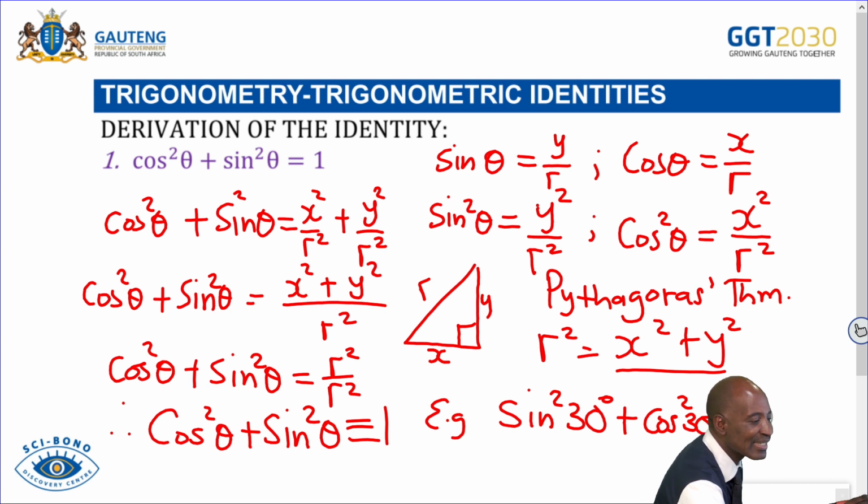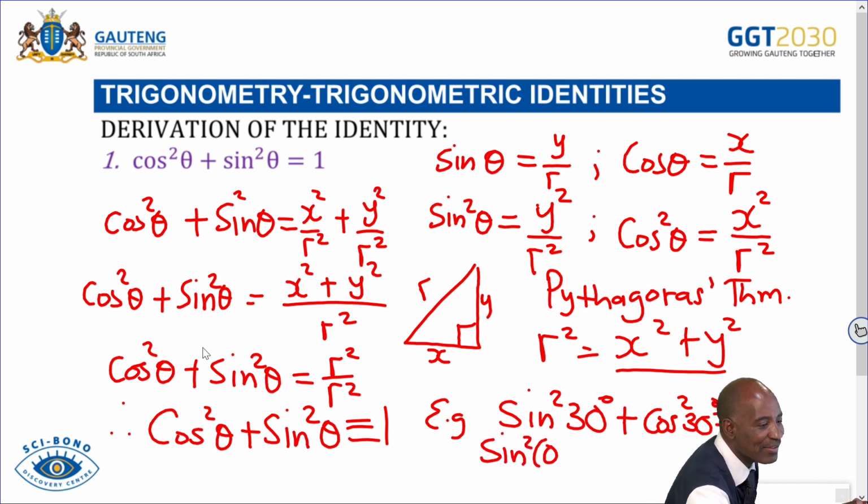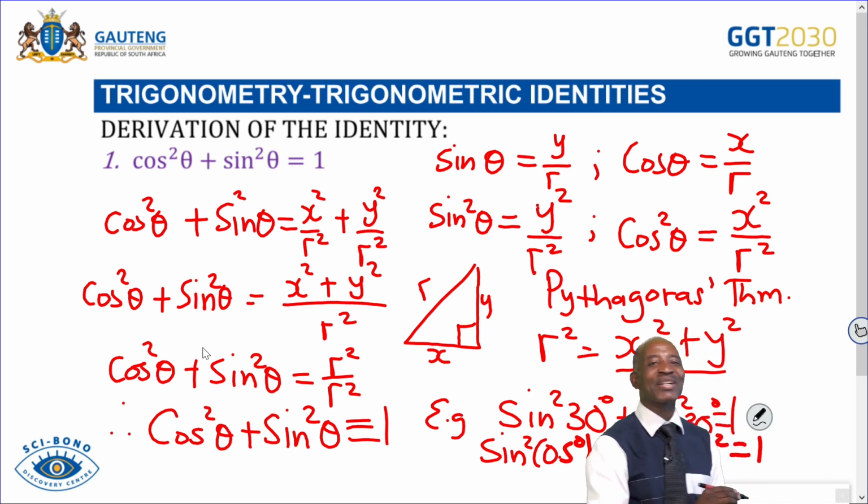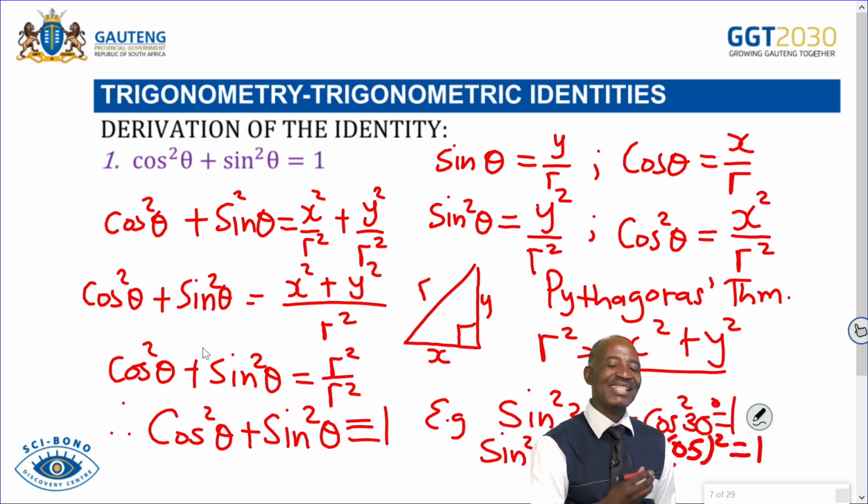If you say sine squared 0.5 degrees added to cos squared 0.5 degrees, you can punch this on your calculator right now, the answer again will come back to 1. So what does this mean?